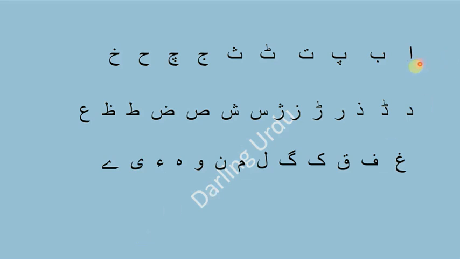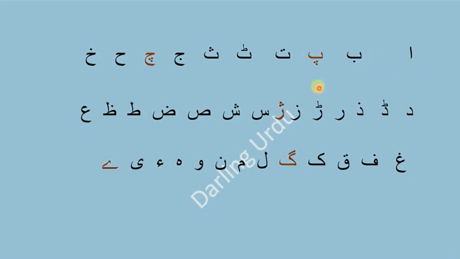So students, you can see these are 37 letters without alif mad. Usually these 37 letters are read and taught. Now see, this is pe, che, je, gaf and badiye. These five letters highlighted in brown color have been derived from Persian language.